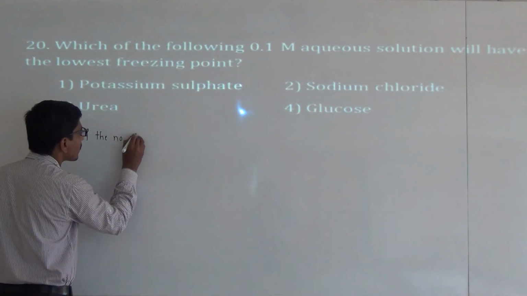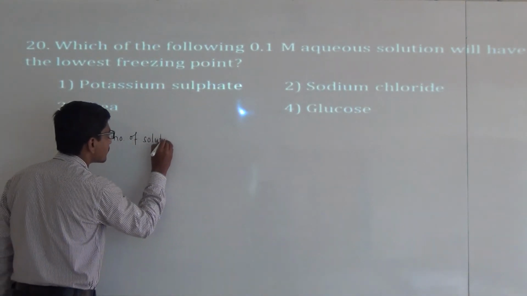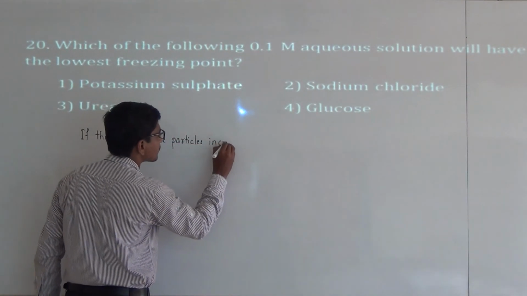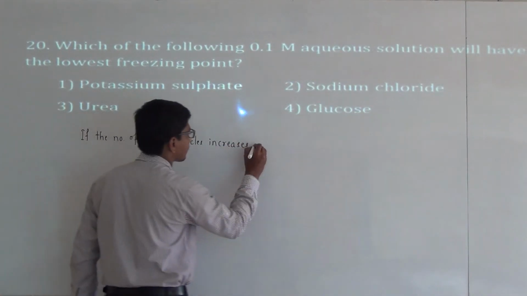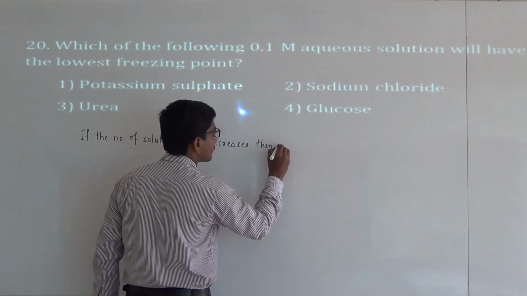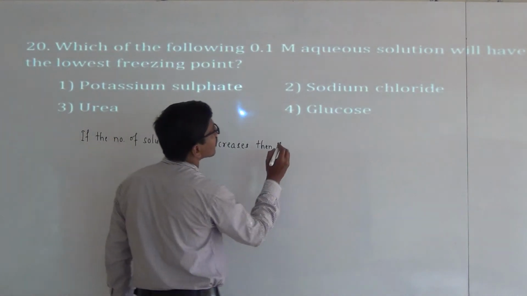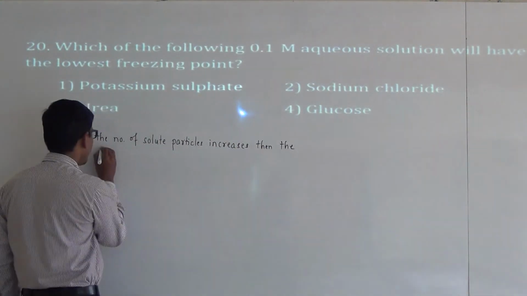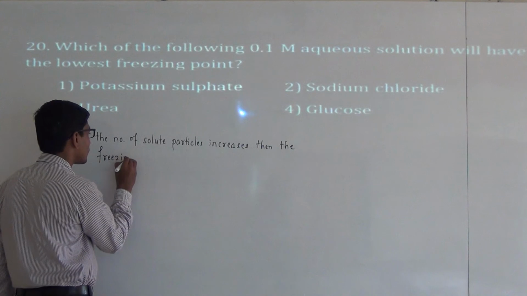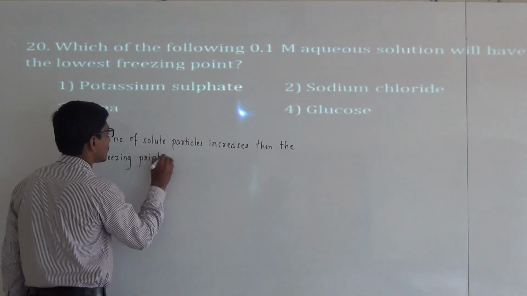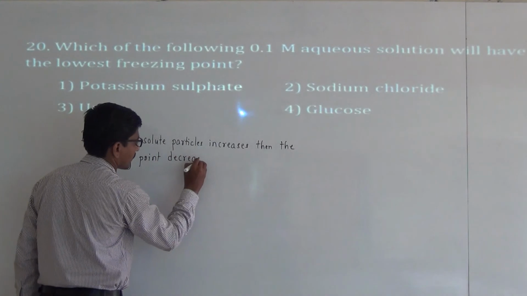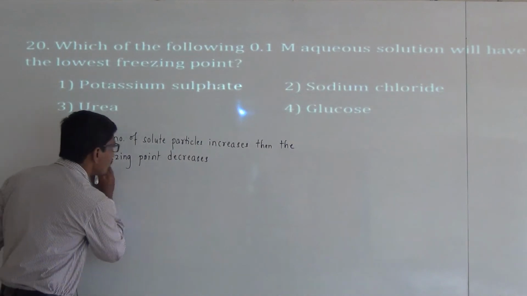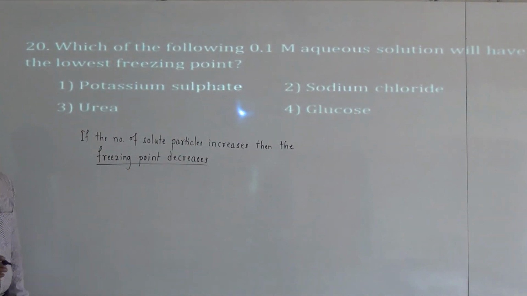If the number of solute particles increases, then the freezing point decreases. If the number of solute particles in the solution increases, the freezing point decreases.